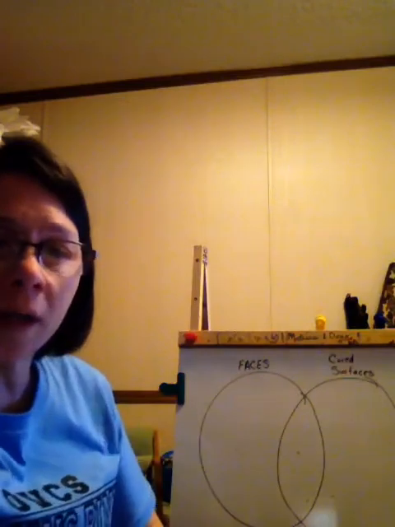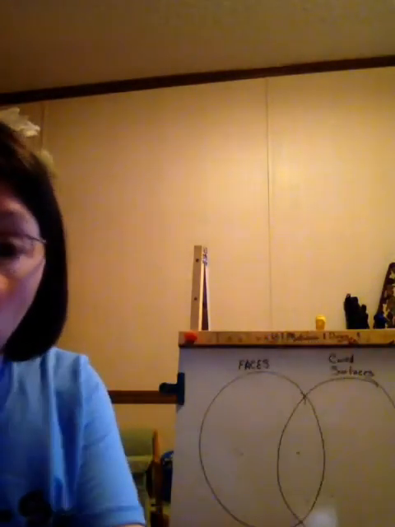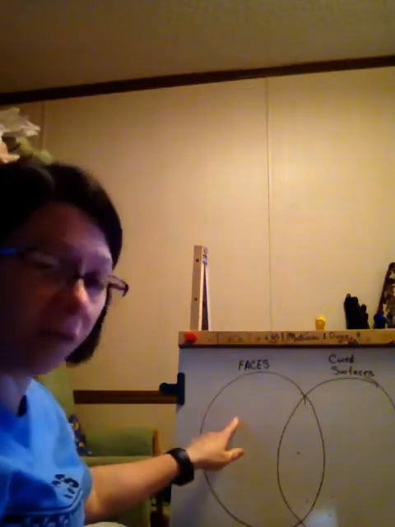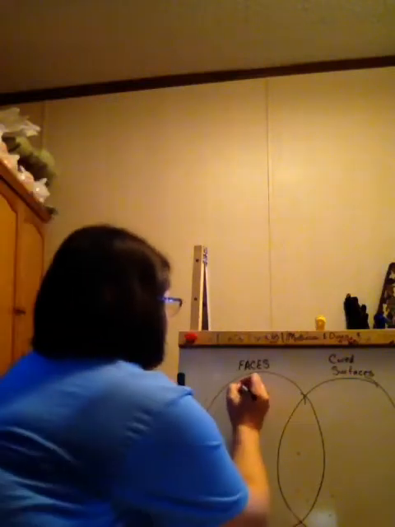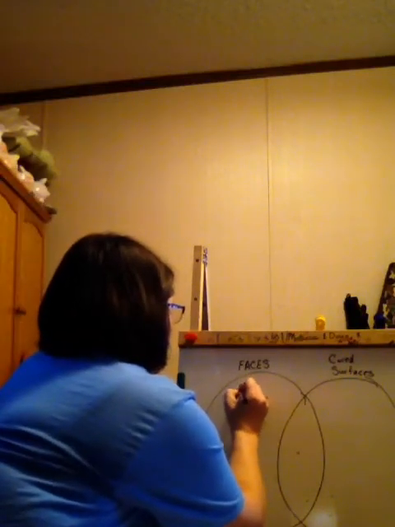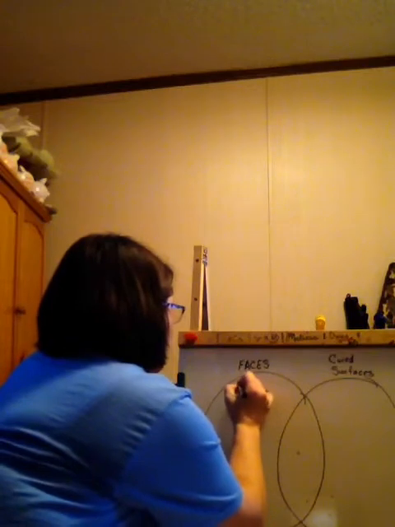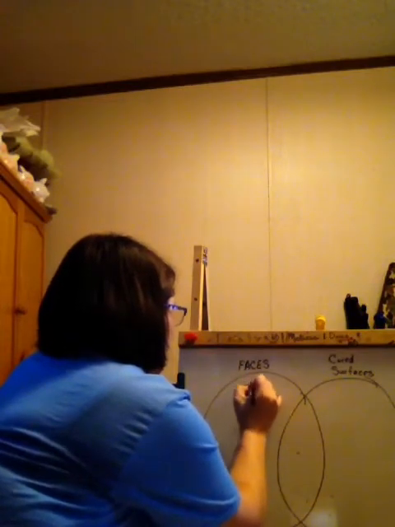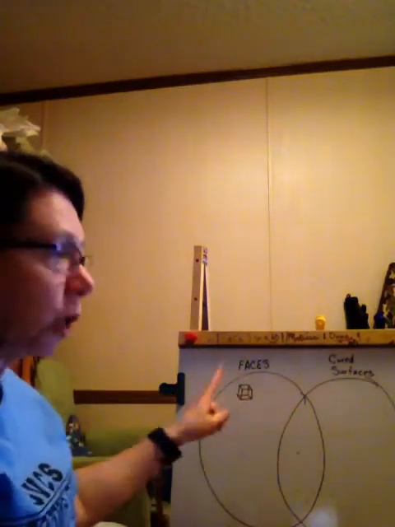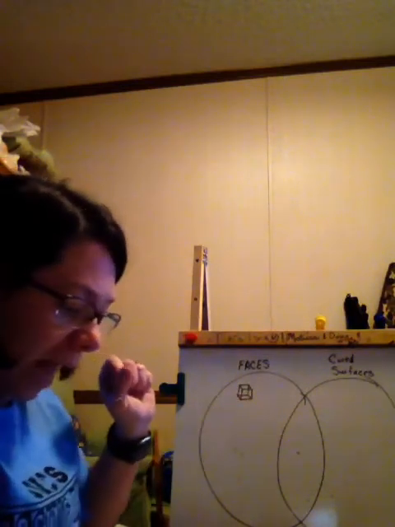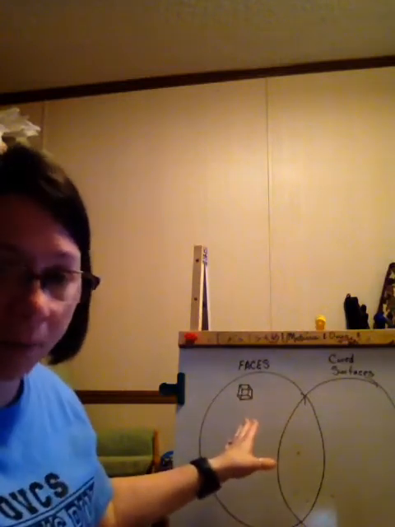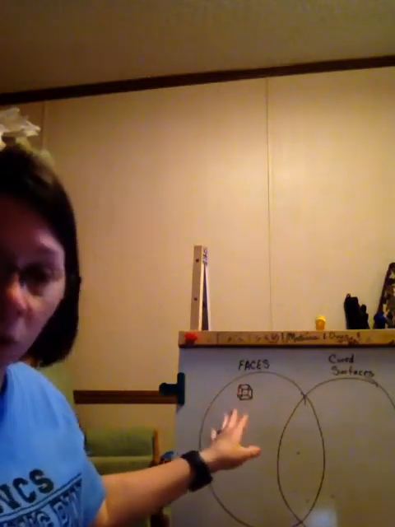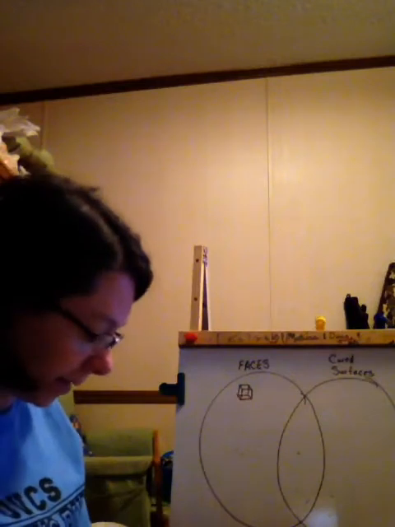So where are we going to put cube? Well, we're going to just put it over here with faces. And you can write the word cube. And we're going to draw a cube. So here we have a cube. And so we have labeled that. If I write cube up there, I know you're not going to see it. But you can write cube so you know what it is.